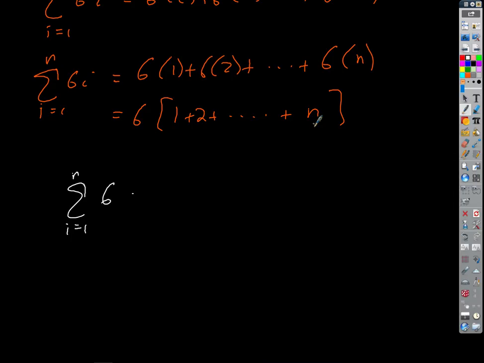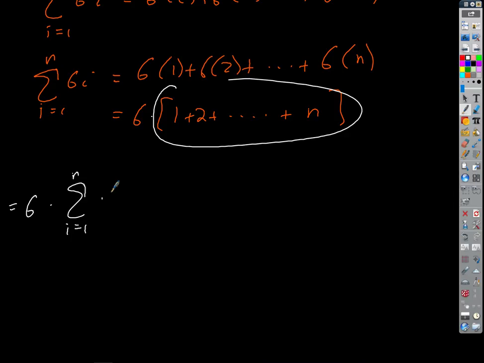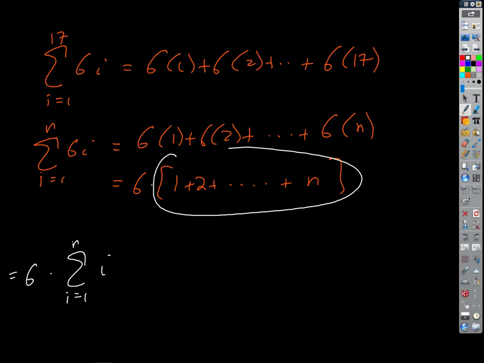So we're getting 6 times the sum, and really that 6 should be outside, shouldn't it? I've got 6 times this whole thing right here, which is the sum of i. So what's the point? We could pull out 3n over n as a constant. Yeah, right.